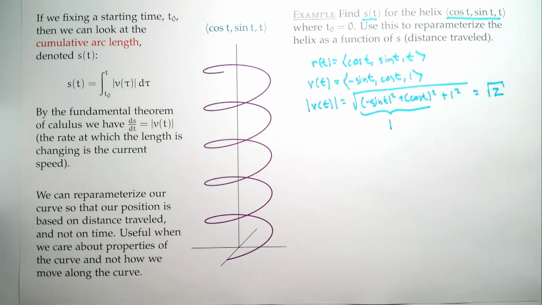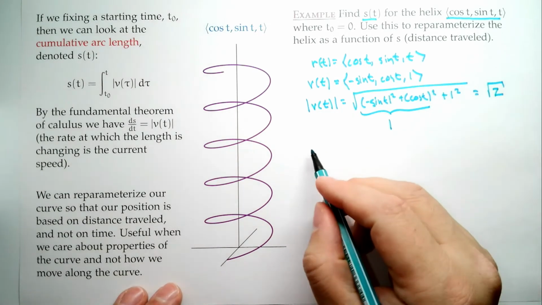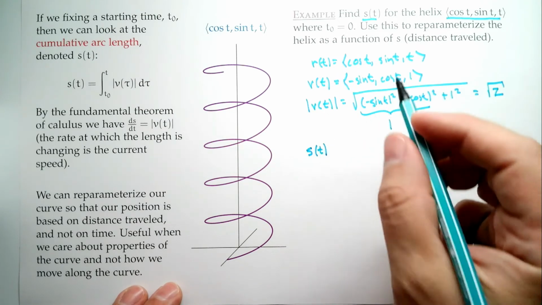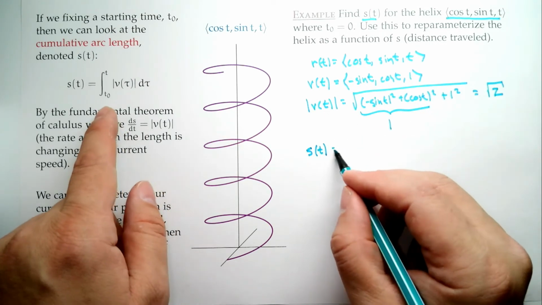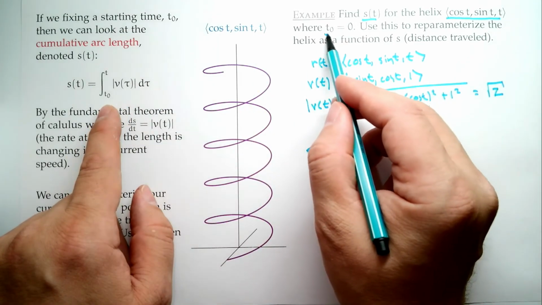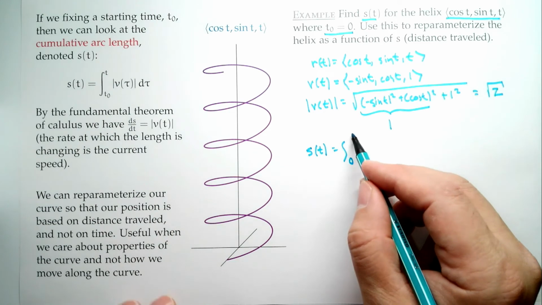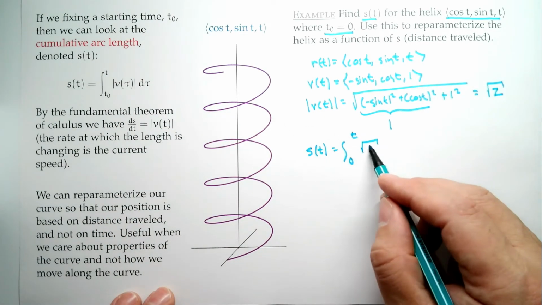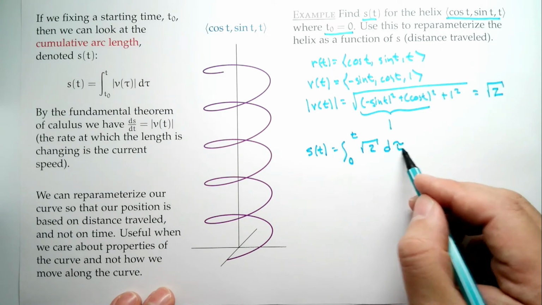All right. So we're now ready to answer s of t. So s of t, the cumulative distance, is equal to the integral from 0, and we know that it's 0 because we're told t naught equals 0, up to t of the magnitude of velocity, which is square root of 2 d tau.